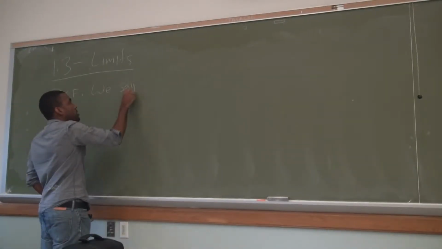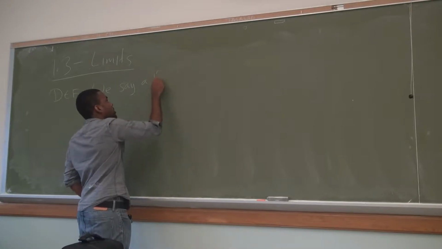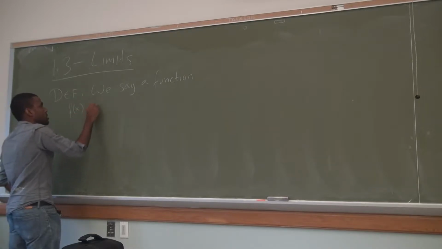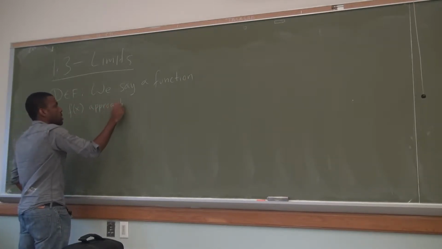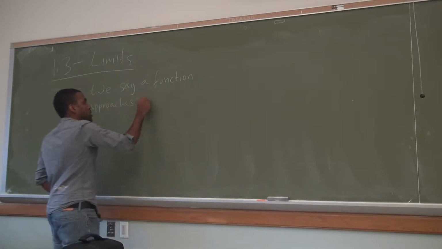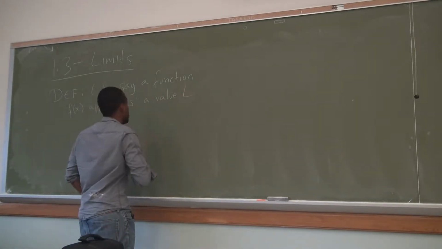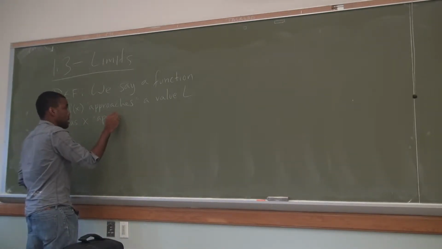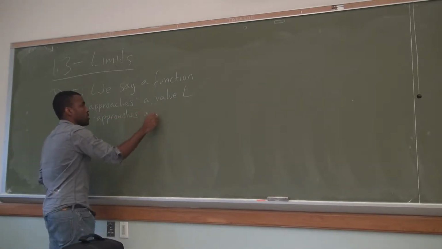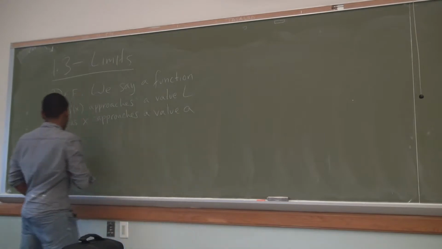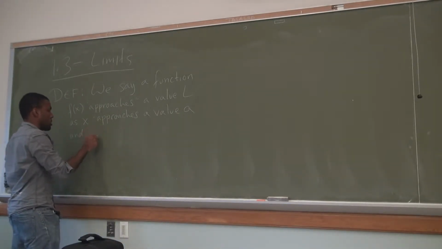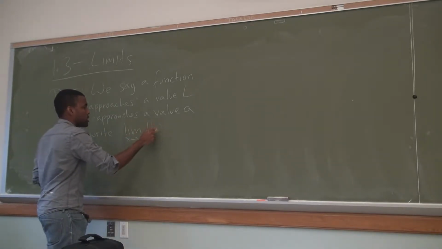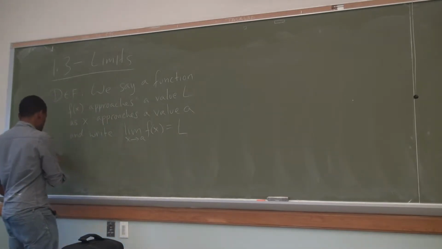We say a function f of x approaches a value L. The limit as x approaches a of f of x equals L if the following happens.